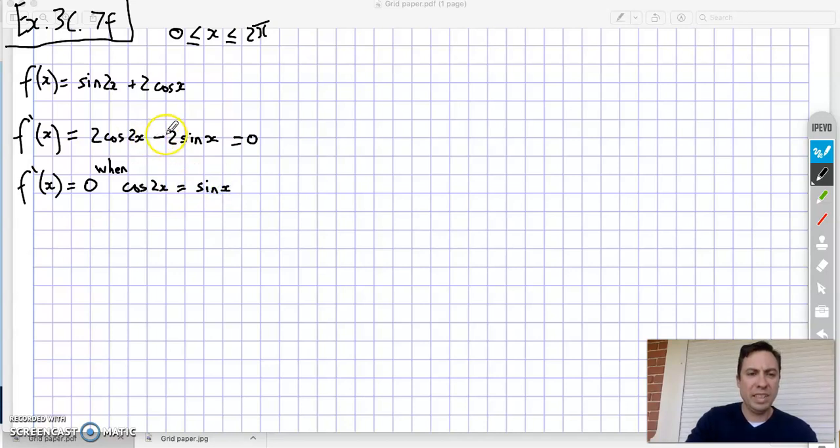Okay? So what's happened, I've taken that and added it to both sides. It's gone over there, swapped what it was doing. It was minus, now it's plus. And then I've divided by 2. 2 cancelled out to make this statement here.